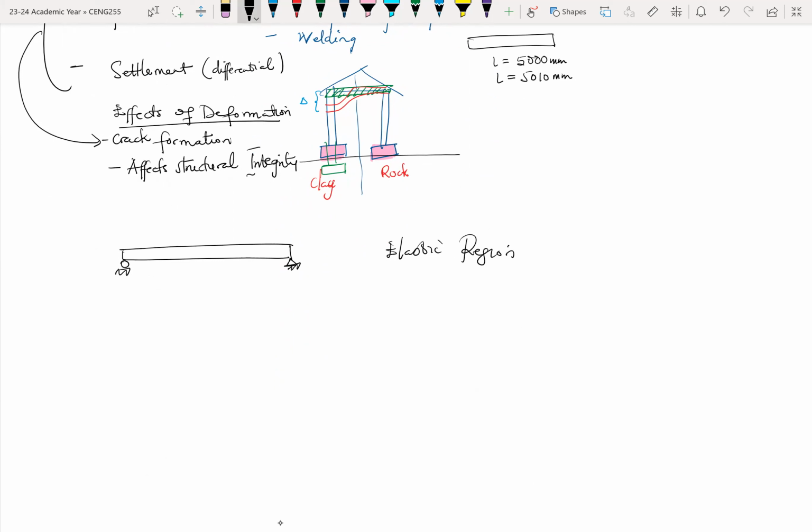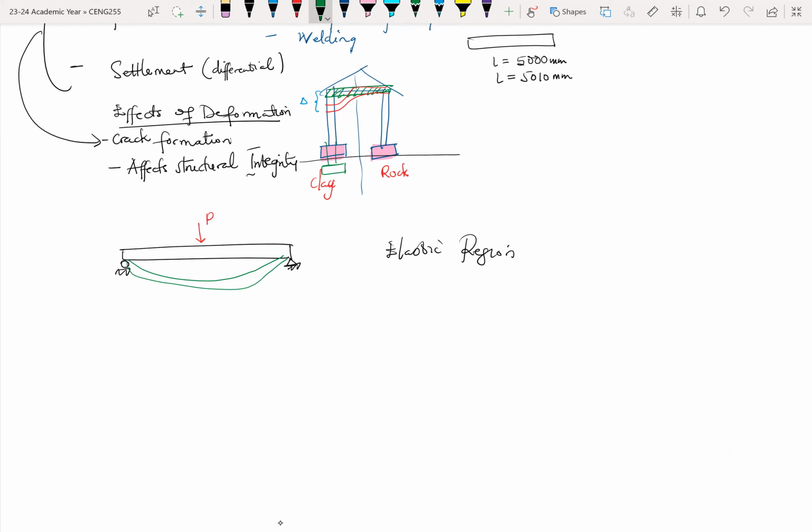Now, let's say at its initial position, no load has been applied to the structure, so the structure remains as it is. There is no deformation of that structure. But then when we apply a load P to the structure, over time, it takes this deflected shape, due to the load.